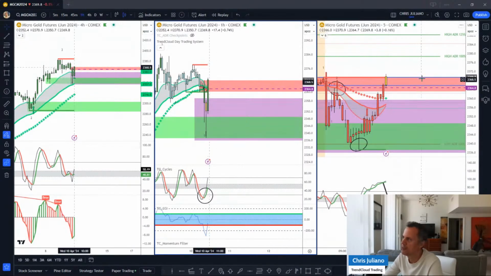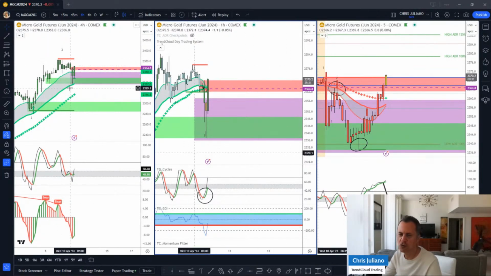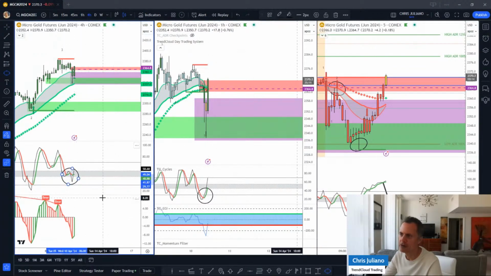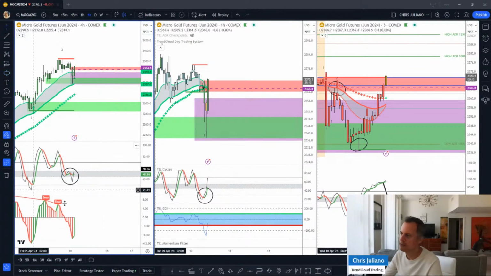Okay. This is confirming that the context of the high time frame trend is in play. Starting to get that momentum shift right here. Starting to cycle up. Look at the double cross here. Crosses once, crosses twice right here. Here's that pattern on the high time frame right there. Here it is again.